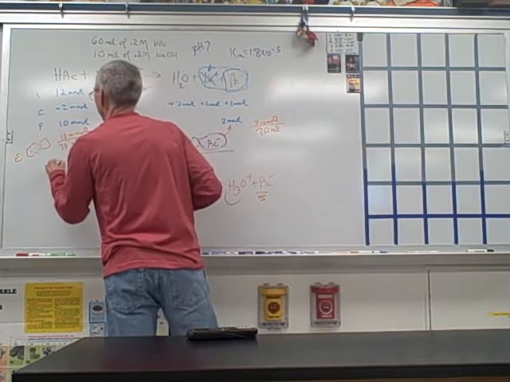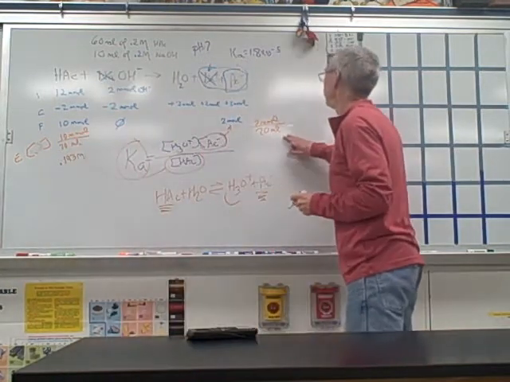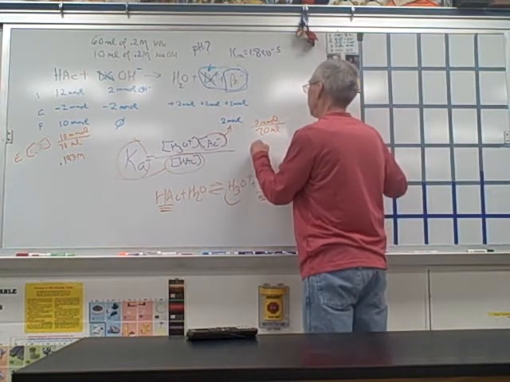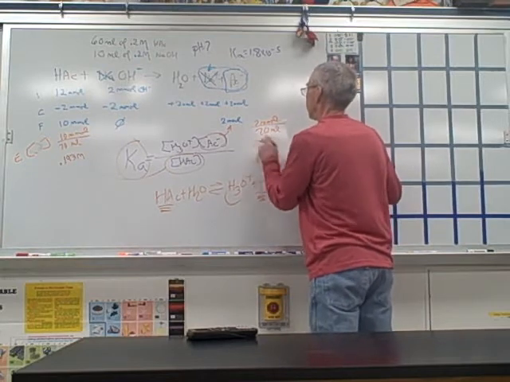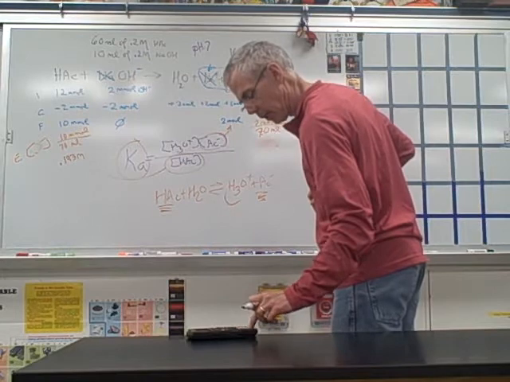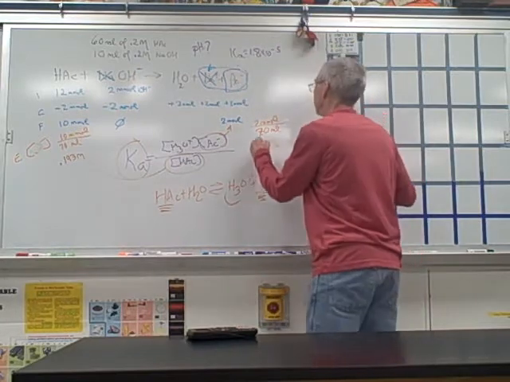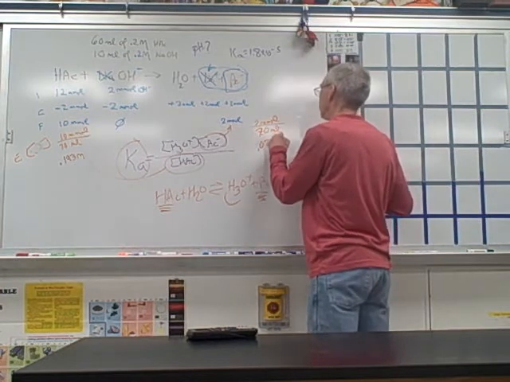So this is 0.143 molar. And then 2 over 70, oops, sorry, that's a 7. 2 divided by 70 equals 0.0286 molar, or 0.029.